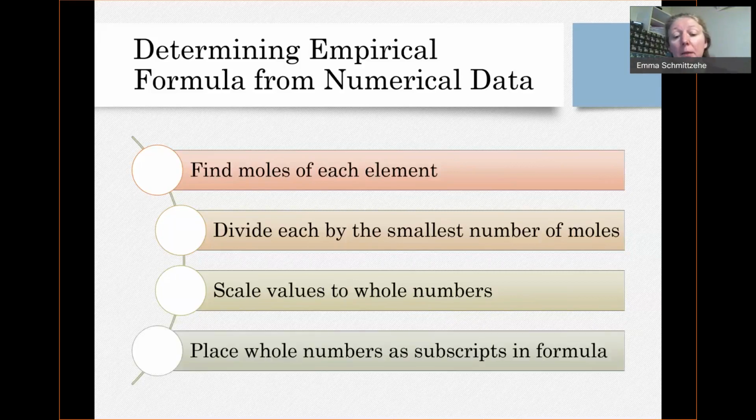And then the last step is to take those whole numbers you came up with and put them as subscripts in the formula, okay? They go as subscripts to each of the elements, whatever element that's the moles of, okay? And that gives you your empirical formula, okay? And if you're dealing with an ionic compound, that should also be the molecular formula. If it's a covalent compound, you would need the molar mass to jump between to figure out the factor, okay?